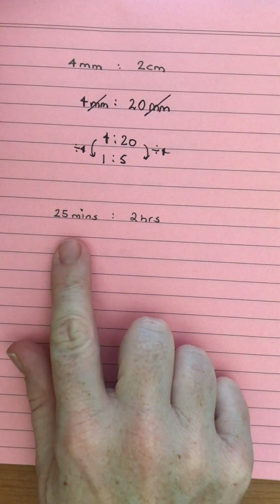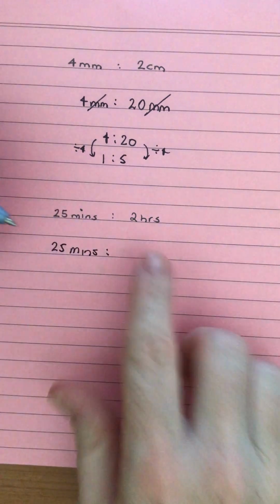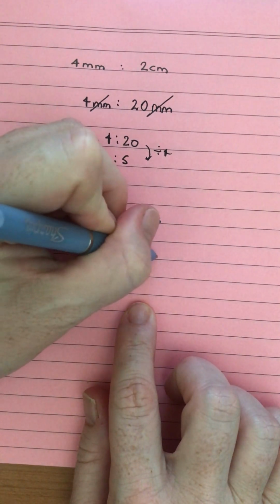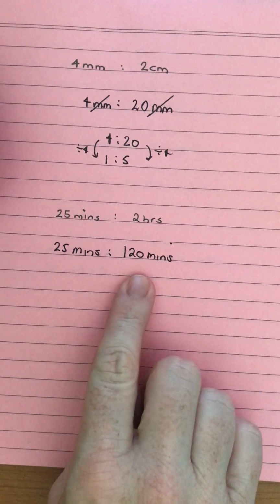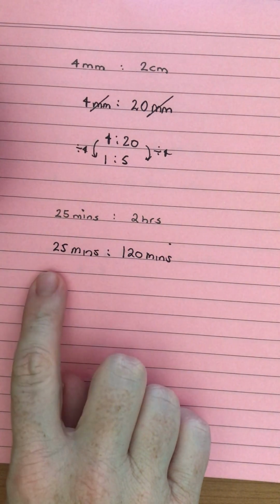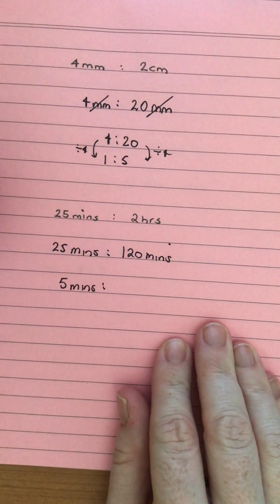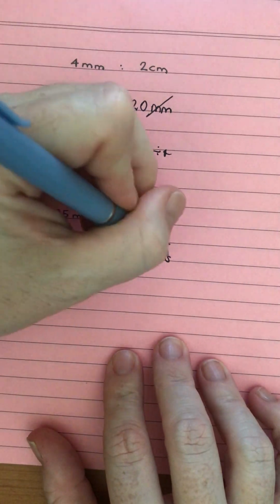The last one I've got is 25 minutes and 2 hours. So I'm going to go for my smaller unit, which is the minutes. So I'll leave my 25 minutes there. And my 2 hours, I'm going to change that to minutes. So that's 120 minutes. Then I'm going to look for common factors. So I know I can divide both by 5. So I get 5, actually I should have gotten rid of my minutes straight away.